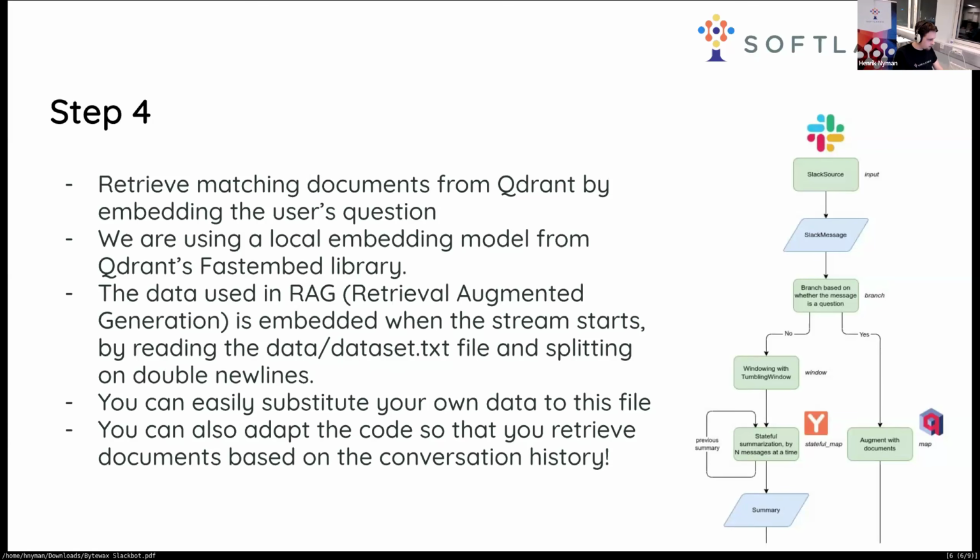We have pre-configured the repository with a dataset.txt, in the data folder in the root of the repository. We are just naively processing it by splitting it on double new lines to get chapters, and then storing those chapters as separate data entries.